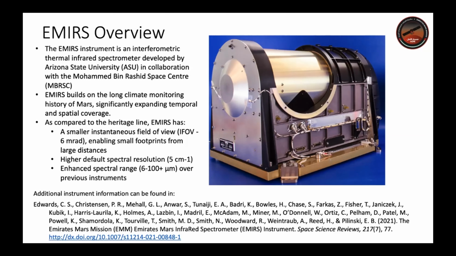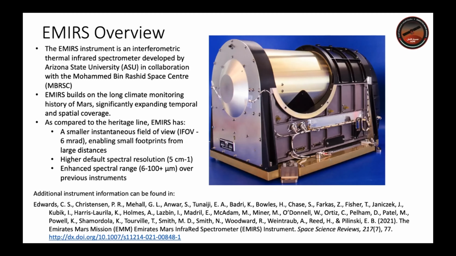It combines many of the technologies that were independently created for those missions into this new instrument. EMIRS was developed jointly by Arizona State University in collaboration with Mohammed bin Rashid Space Center.